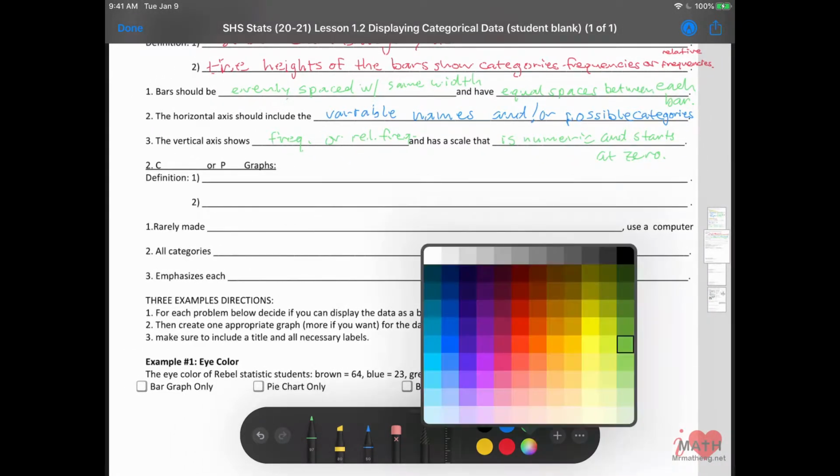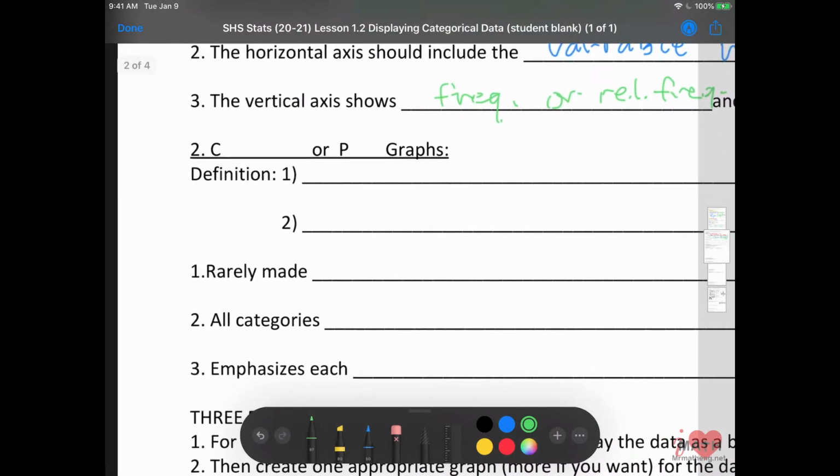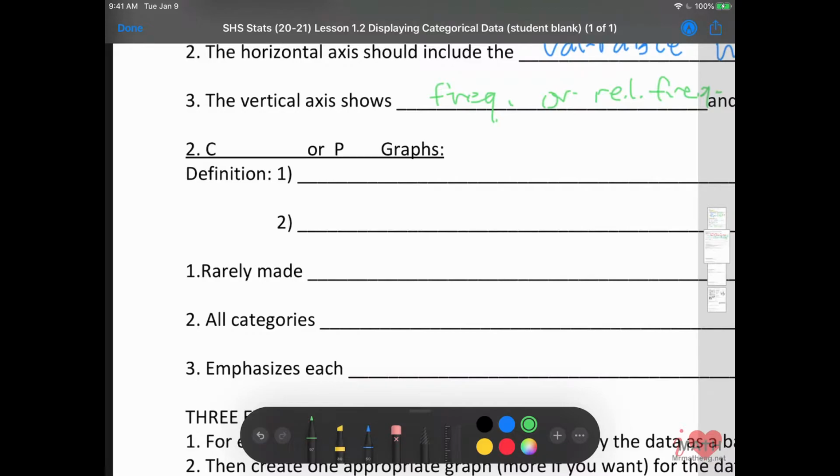All right, let's move on to the second categorical graphs, or taking our categorical data and how do we get a graph for it. These are circle or pie graphs.